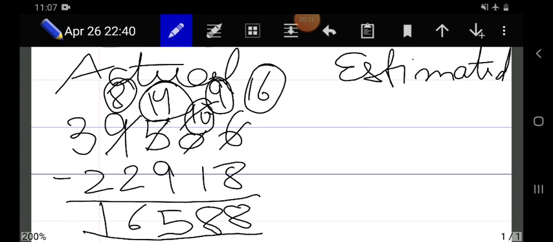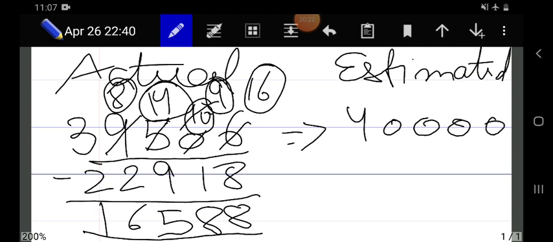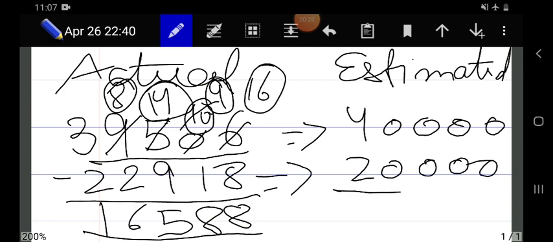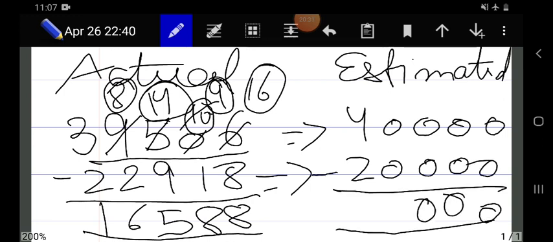Now we have to find the difference of the estimated values also. As you remember, 39,506 becomes 40,000 and 22,918 becomes 20,000. 0 minus 0 is 0, and 4 minus 2 is 2.